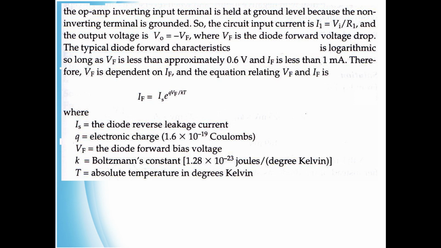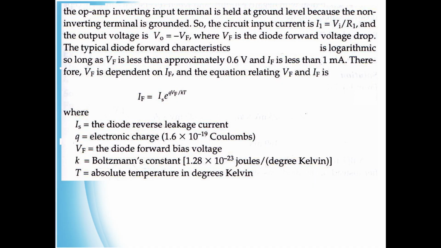The op-amp inverting input terminal is held at ground level because the non-inverting terminal is grounded. So the circuit input current is I1 equal to VI by R1 and the output voltage is V0 equal to minus Vf, where Vf is the diode forward voltage drop.